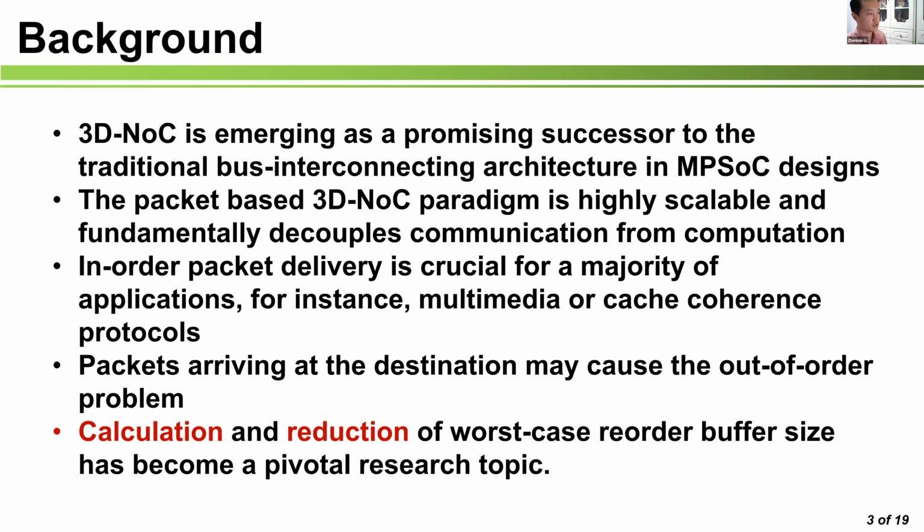It also corresponds to the 2 contributions of this paper. First, we address the problem of how to calculate the worst-case reorder buffer size. And second, we develop a splitting configuration approach to reduce the worst-case reorder buffer size.